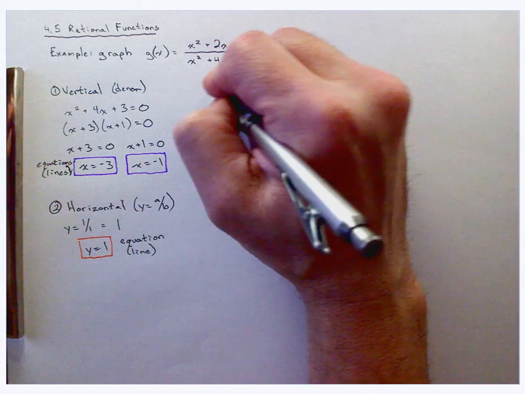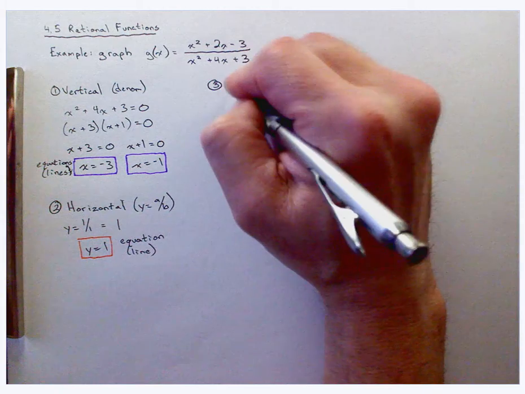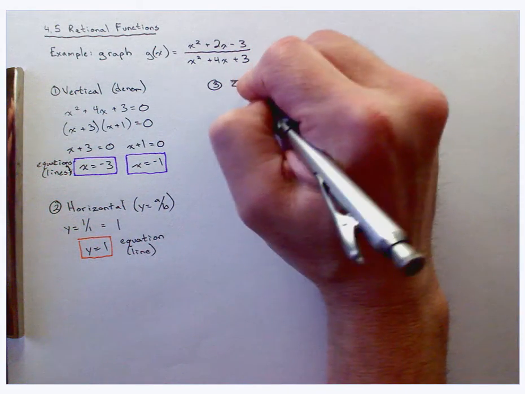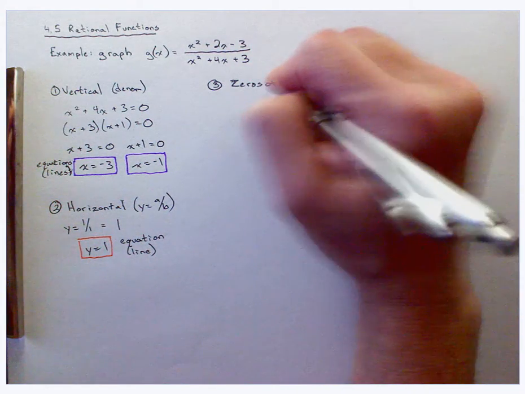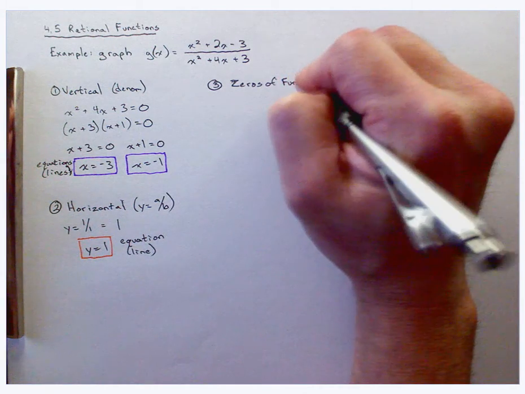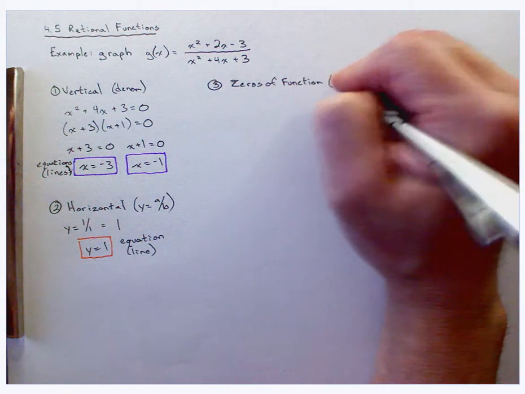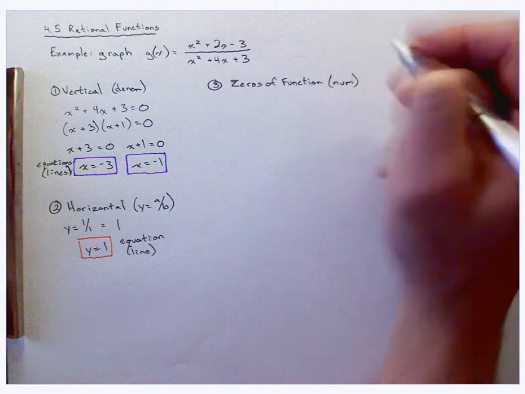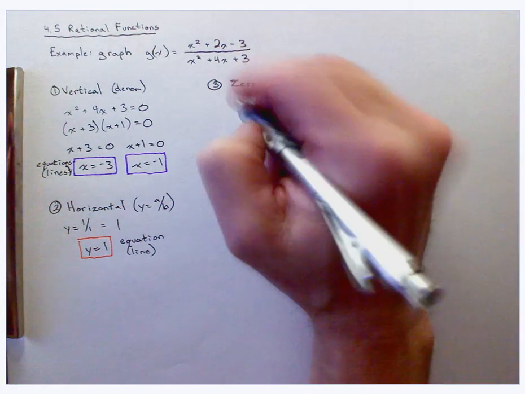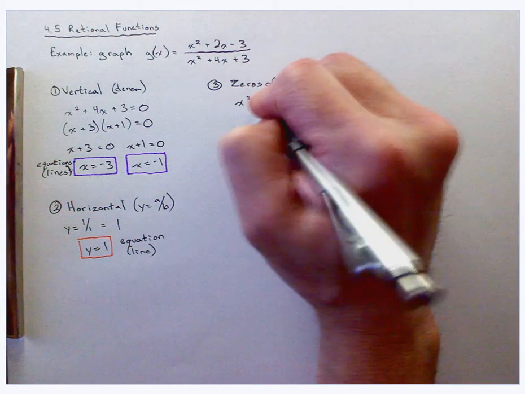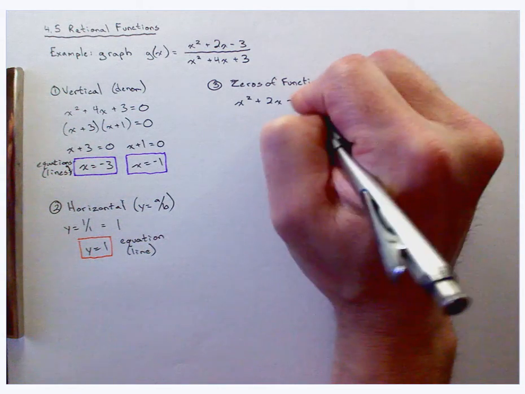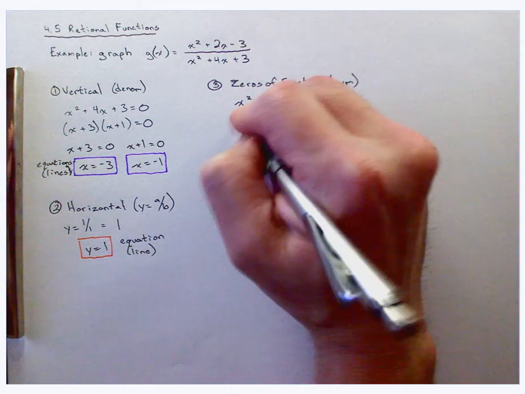Next, what I'm going to look at is the zeros of the function. And for that, I use my numerator. That's how I find out where the zeros are. So I take my numerator and I set it equal to 0. And then I factor.